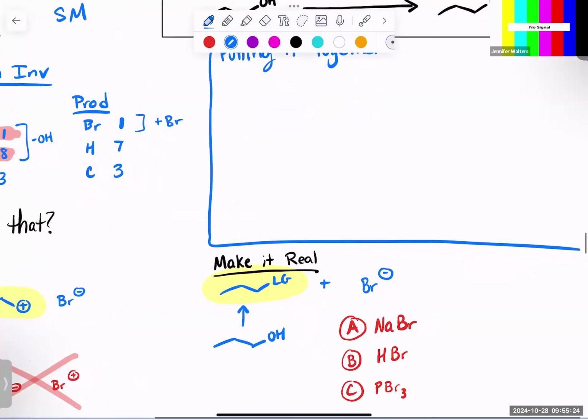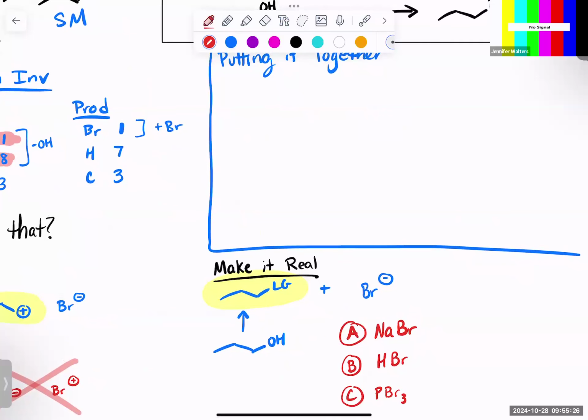Okay, so let's do option A. Let's say I just start with that alcohol and I try to add sodium bromide, does that work? Do I get that desired product? I see some head shaking no. So you're absolutely correct, that does not work.